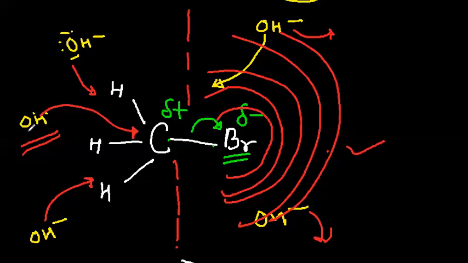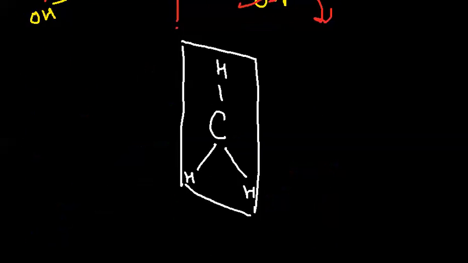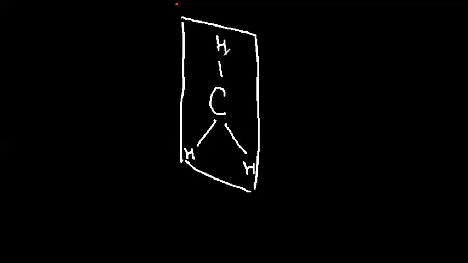What happens after that? As this OH is approaching this carbon, these three hydrogens which are here get repelled, and maybe they go somewhere here. We'll see in the structure something like this. This is a plane, and all of these hydrogens are repelled slightly away from it.